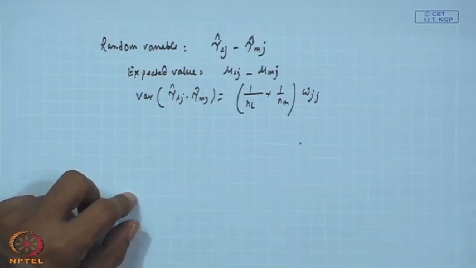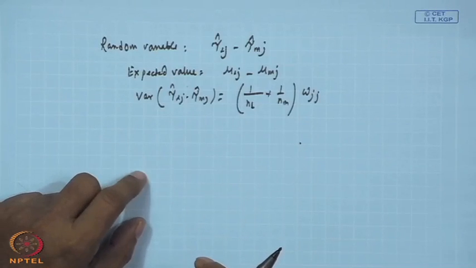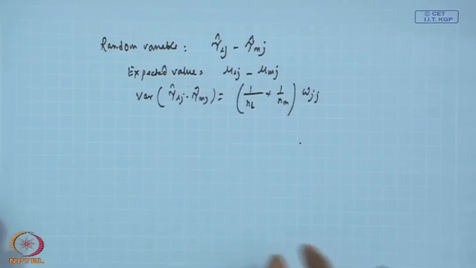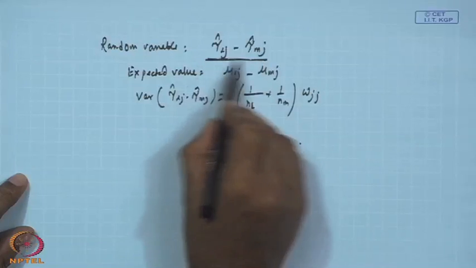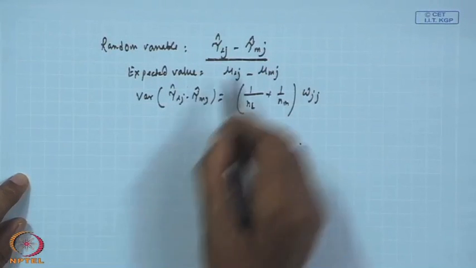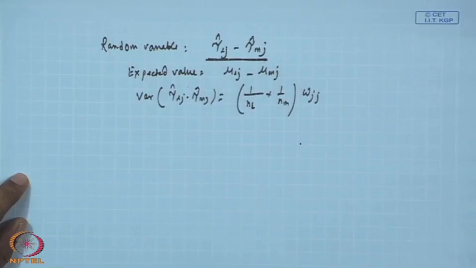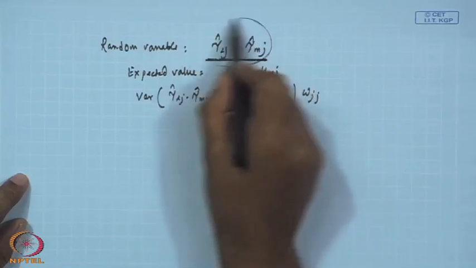So you have everything now. What do we want to know? We want the interval estimate, but please remember, this is a random variable.